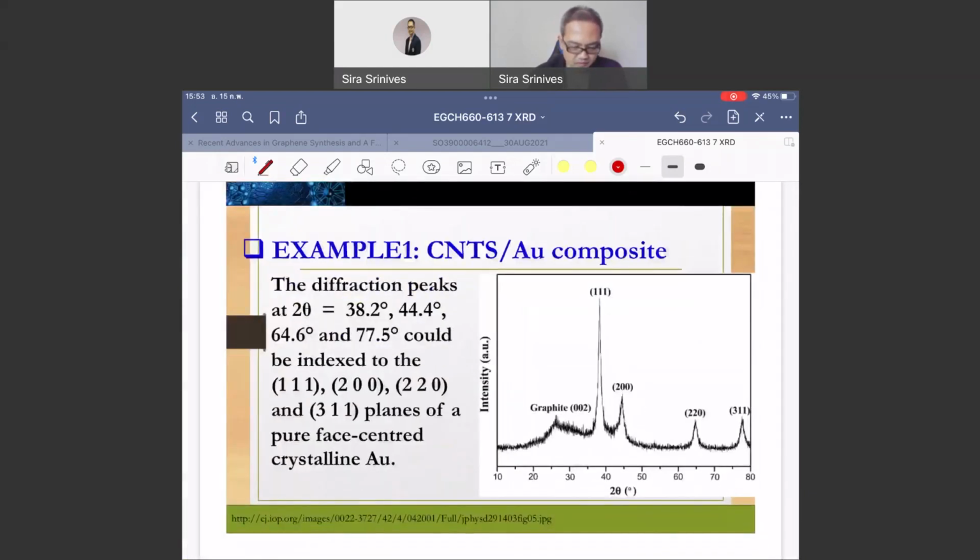The rest, 38.2, 44.4, 64.6, and 77.5, can be indexed to the 111, 200, 220, and 311 planes of the pure face-centered cubic crystalline gold.